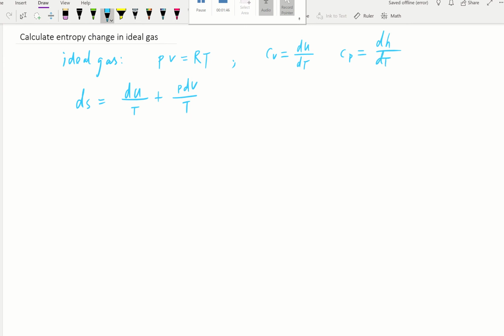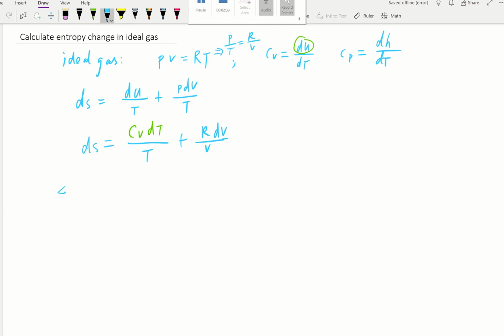So knowing that, we're going to substitute right here. du is going to be equal to Cv dT, then that's over T, and then plus our P dv over T. We can write over here, P over T is going to be equal to R over v. So R over v dv. Okay, so those are going to be our simplified version for ds.